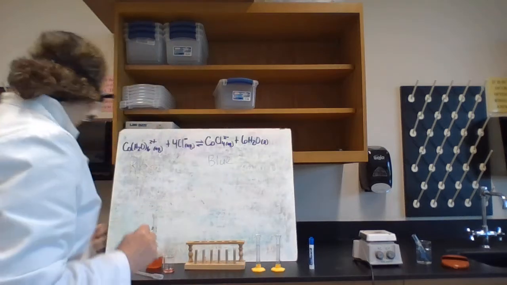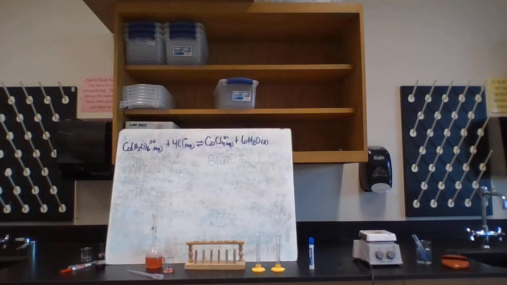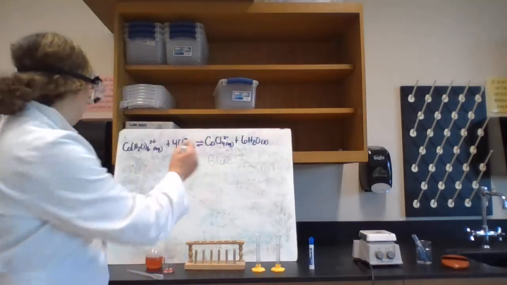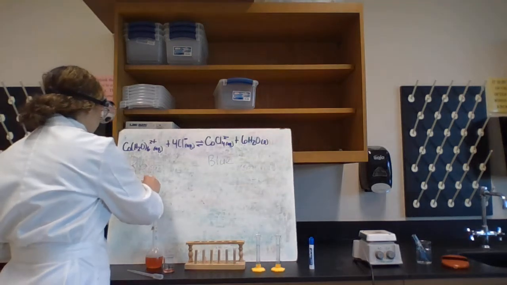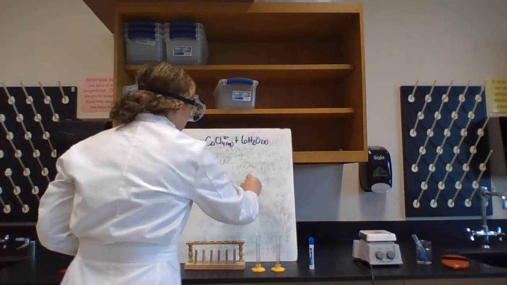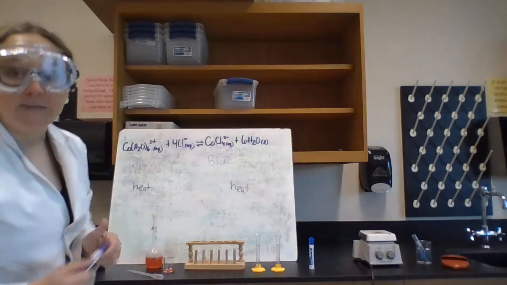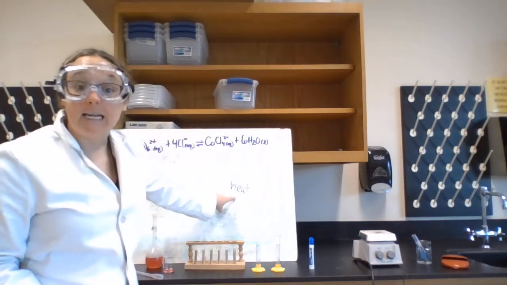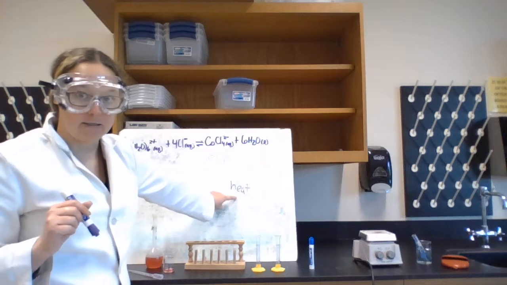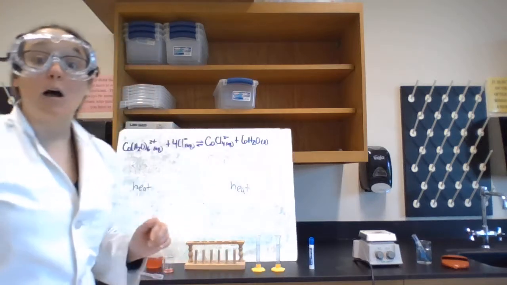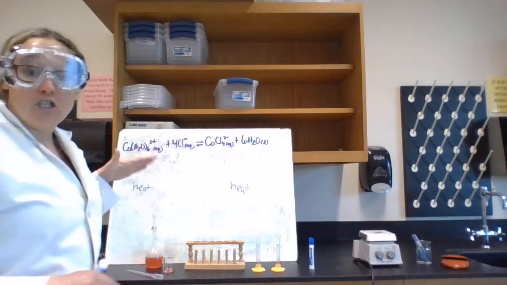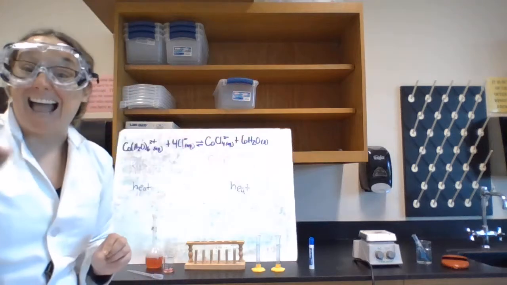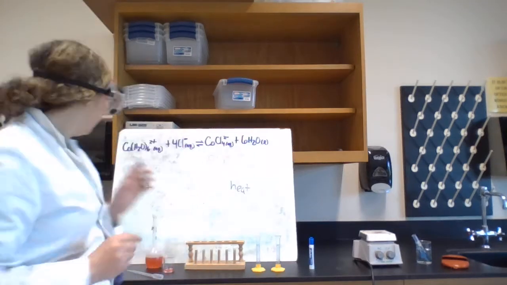Now, is this reaction endothermic or exothermic? We have two options. If it's endothermic, heat is a reactant. If it is exothermic, heat is a product. So what did we see? We saw when I added heat, a shift back to the product side. So I added something. So here we need to figure this out.